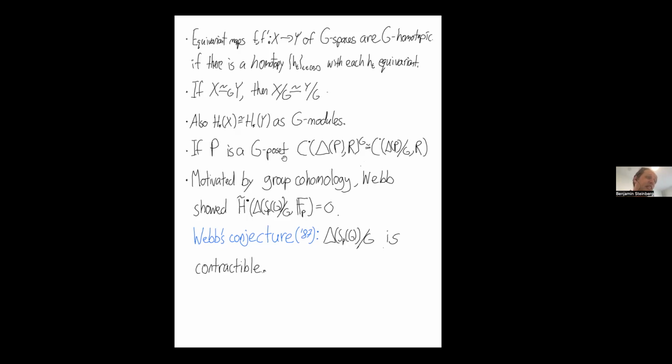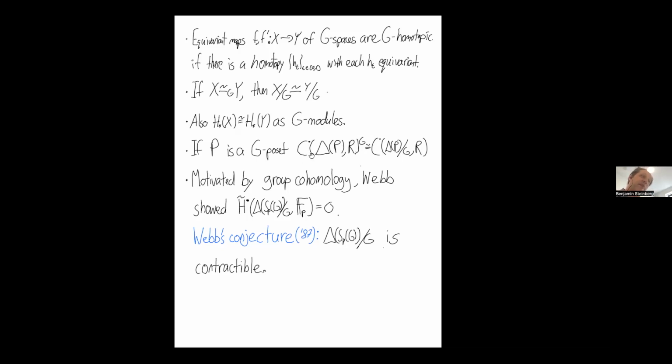Another thing that's nice about G-posets is if you compute the G-invariants, the G-fixed points. So you take the cochain complex with coefficients in some ring R. Because G acts on the simplicial complex, it acts on the cochain complex, and you can take the G-invariants, the cochains which are fixed by G. So what is a cochain?